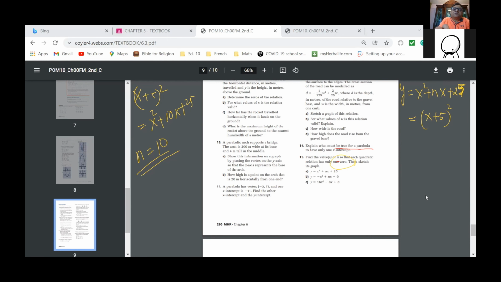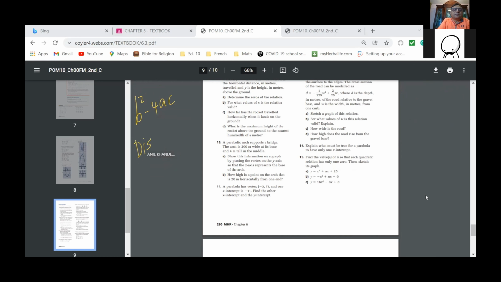The second way, which is a standard way of doing it, is that we have to find b squared minus 4ac. This is called the discriminant. If this is equal to 0, then we have one root.